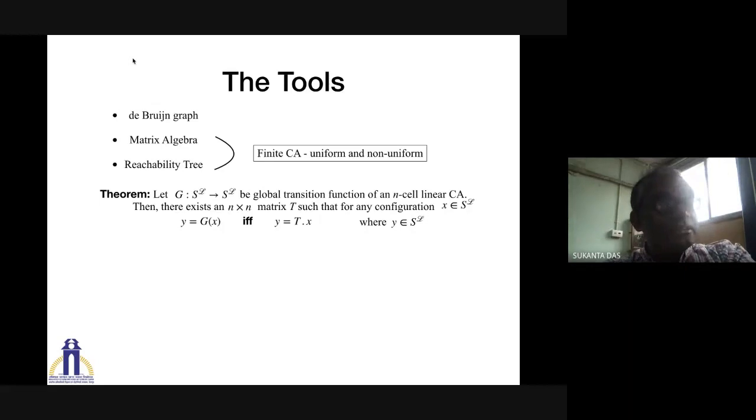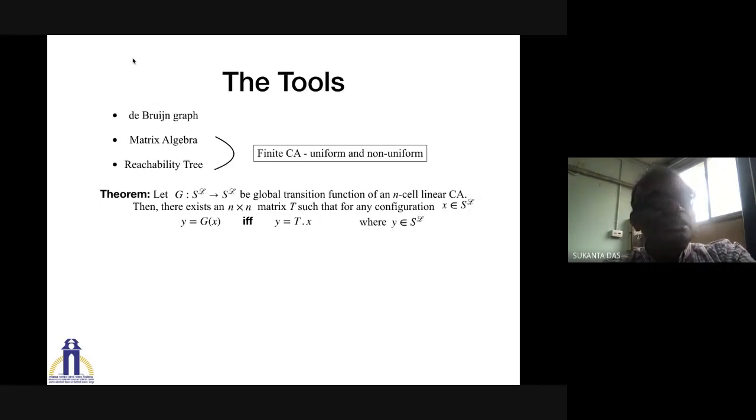Since it is an n-cell linear CA, we are talking about finite CA only. Then there exists an n cross n square matrix T, such that for any configuration X in x to the power Z, the set of all possible configurations.